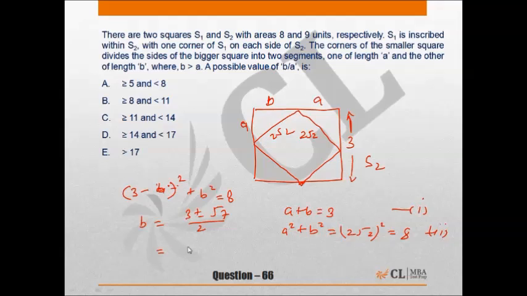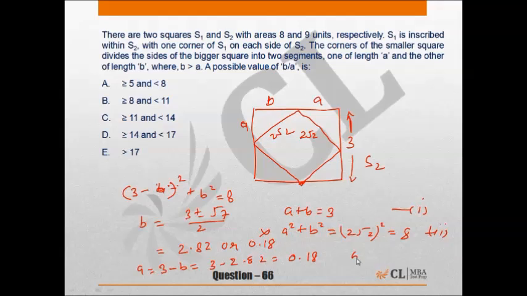From here we get B equals 2.82 or 0.18. 0.18 will not be a possible value of B because B is more than A and the sum of these two numbers is 3. So the possible value of B is 2.82. Therefore the value of A will be 3 minus B, which is 3 minus 2.82, that is 0.18.